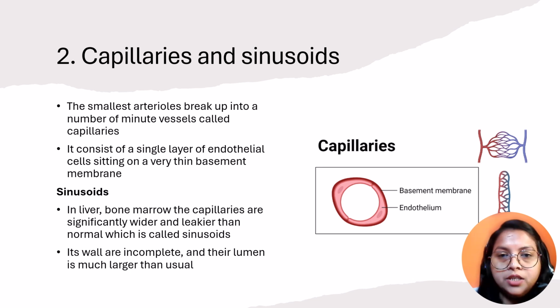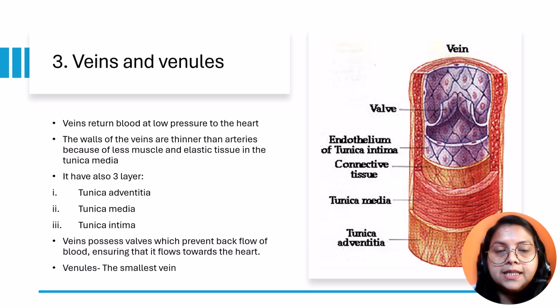Sinusoids are the wider, more permeable capillaries found in organs such as the liver and bone marrow, which facilitate the greater exchange of substances through them, and their walls are incomplete and their lumen is also much larger than usual, so that blood flows through them more slowly under less pressure and can come directly into contact with the cells outside the sinusoidal wall.